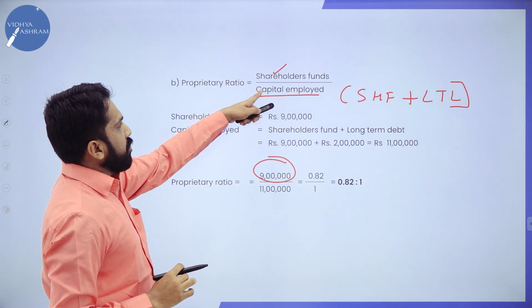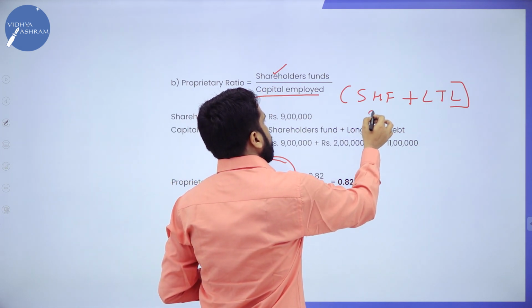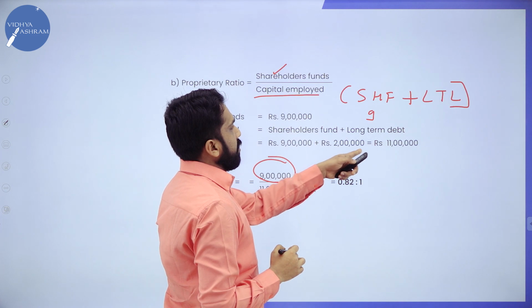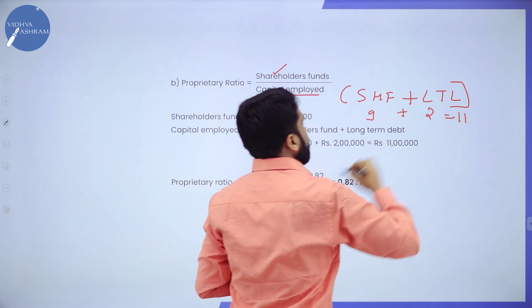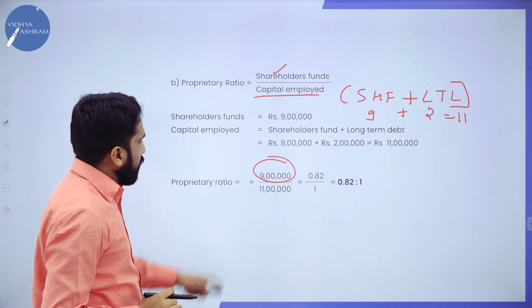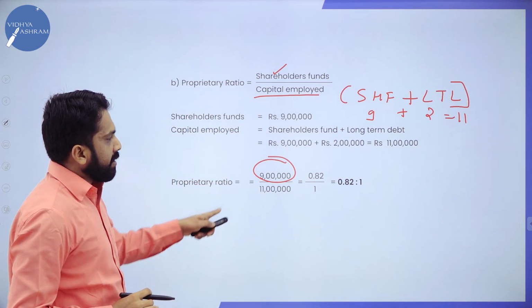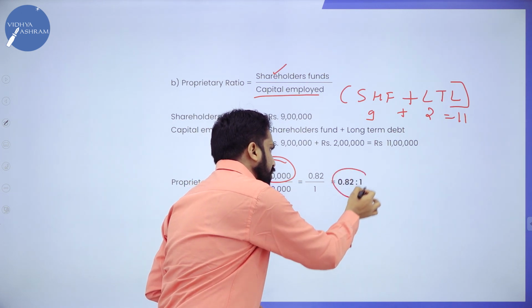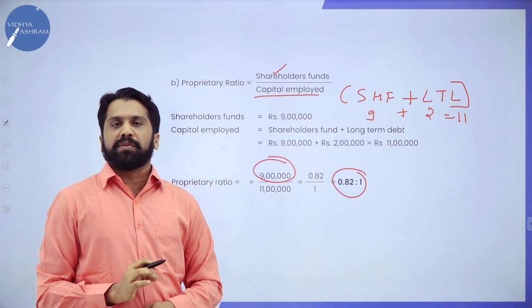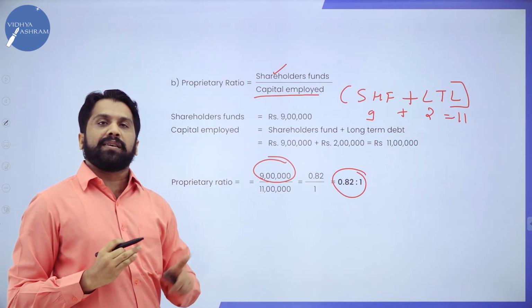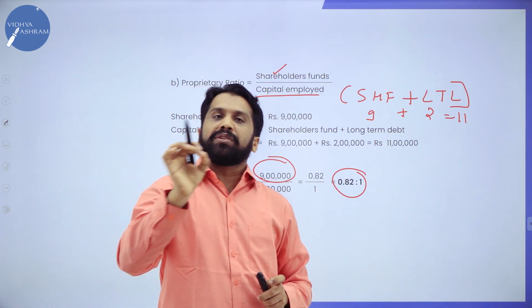Now, what is your shareholders fund? It is 9 lakh. What is your long-term debt? It is 2 lakh. 9 plus 2, it is 11 lakh. So, 9 lakh divided by 11 lakh, your answer is 0.82 is to 1.